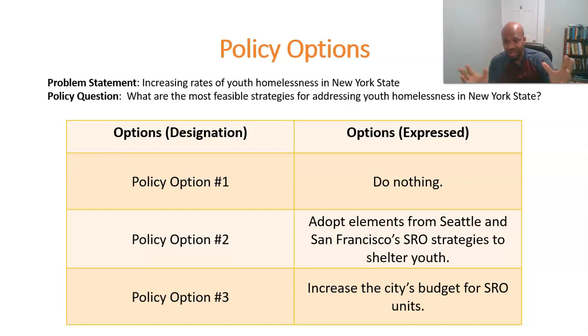So again, think beyond the bounds that you're concerned about, and that could include cities, states, and other countries. And then policy option 3 says increase the city's budget for SRO units. Now, policy option 4, although it's not listed here, could be a combination of policy option 2 and 3, right? So you're not bound by these options.